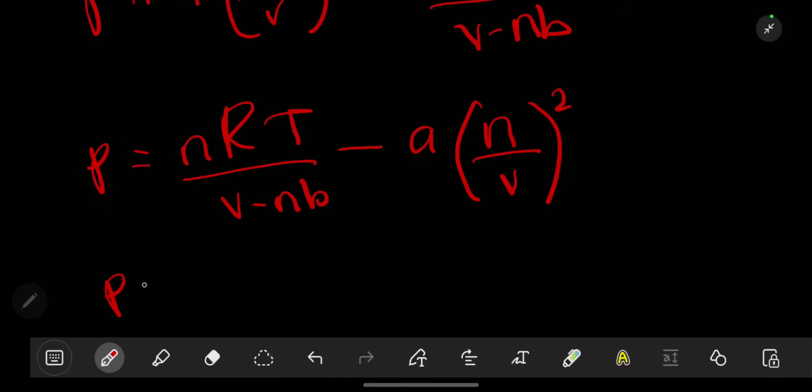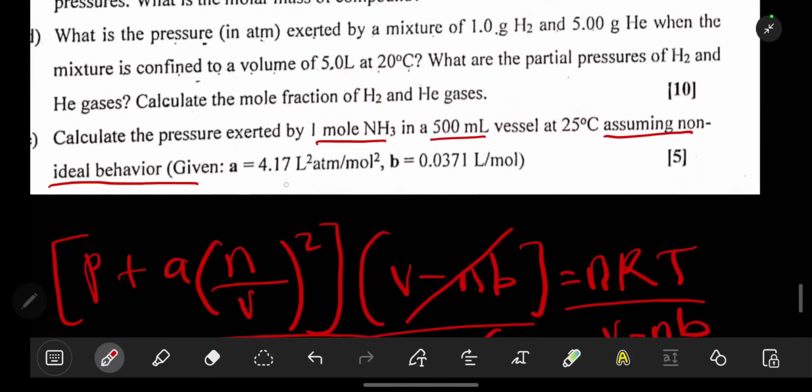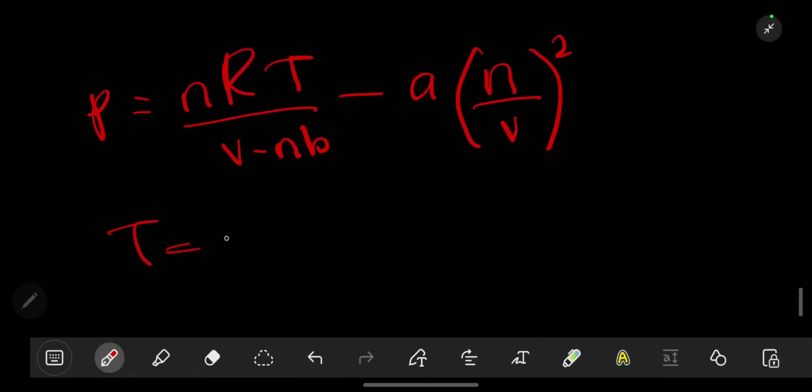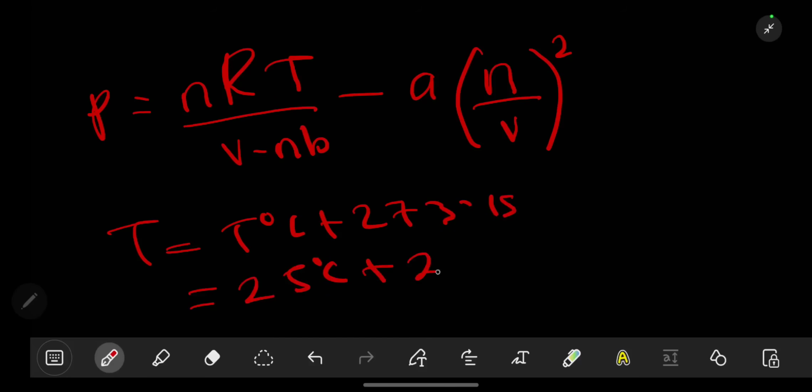First let's convert the temperature. Temperature in Kelvin will be equal to the temperature in degrees Celsius plus 273.15. So we have 25 degrees Celsius plus 273.15.